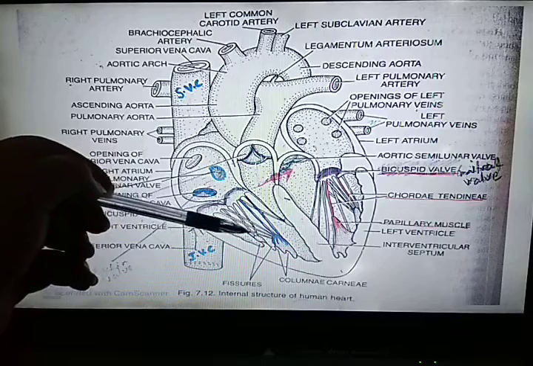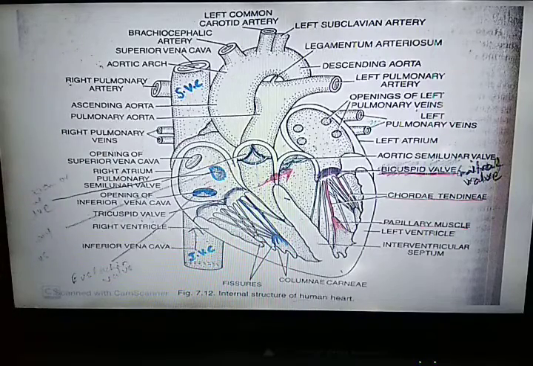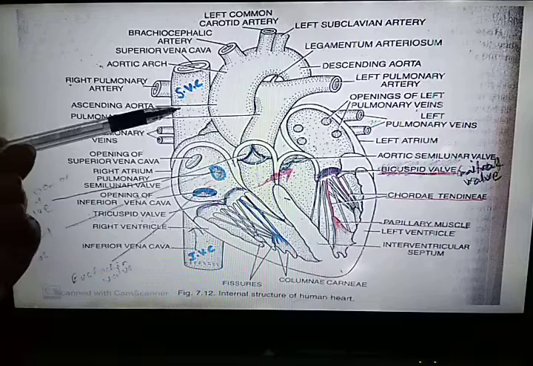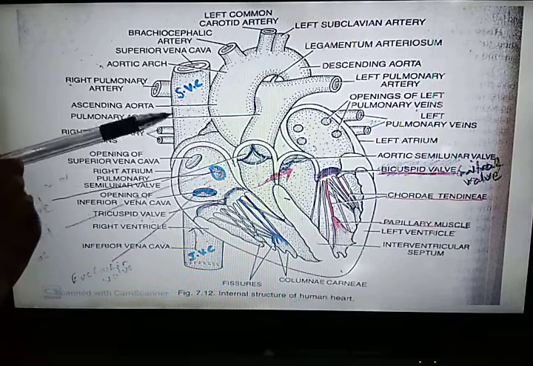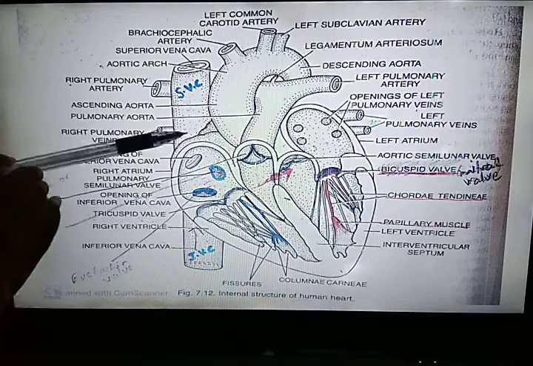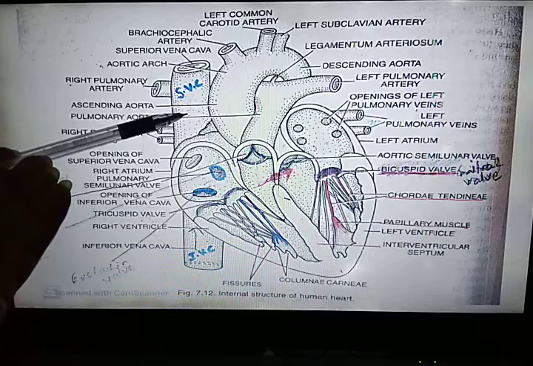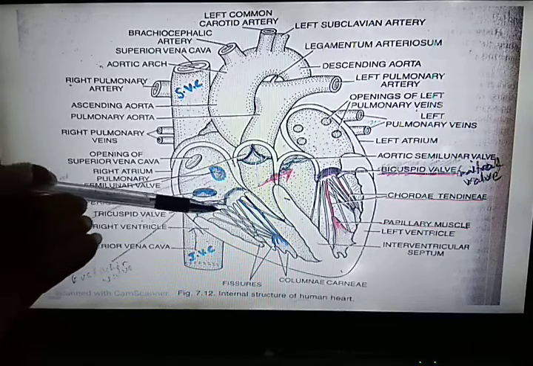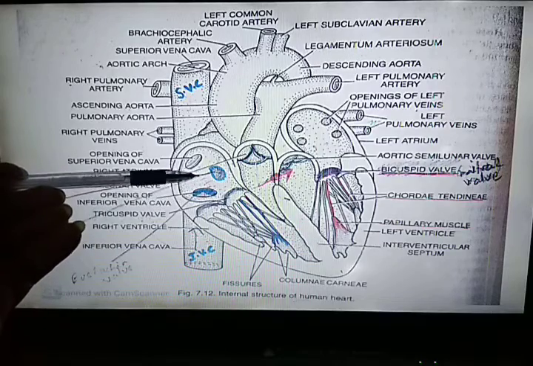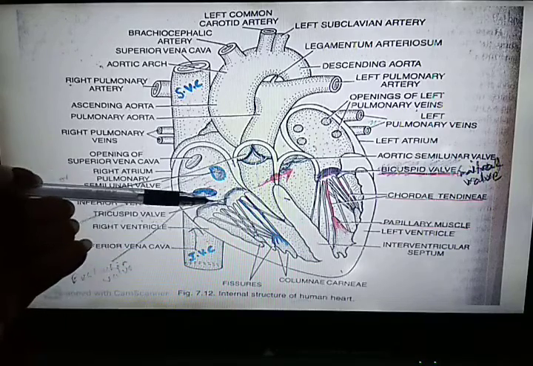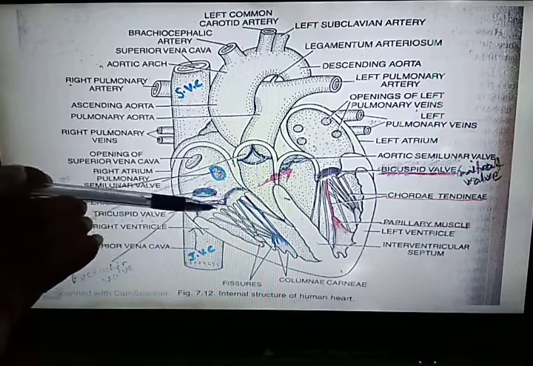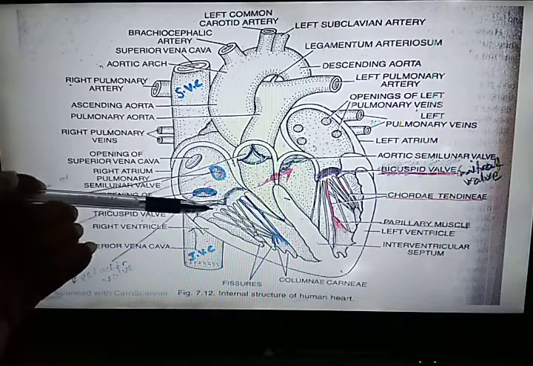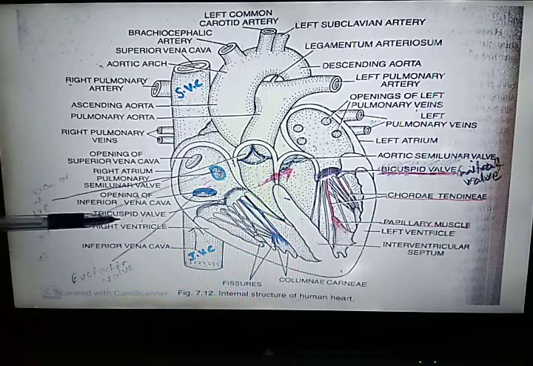Okay, so the main concepts are that, first of all, the right auricle receives blood through two large blood vessels known as the superior vena cava and inferior vena cava. Then the aperture present between the right auricle and right ventricle is known as the right auriculoventricular aperture, which is guarded by the tricuspid valve.